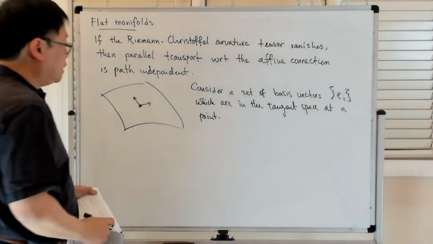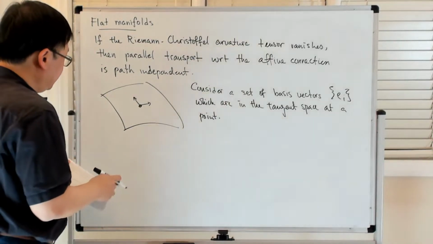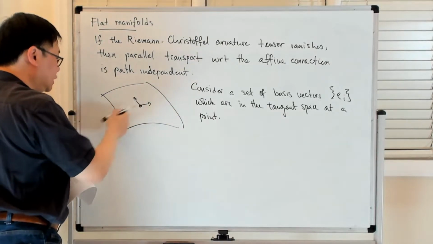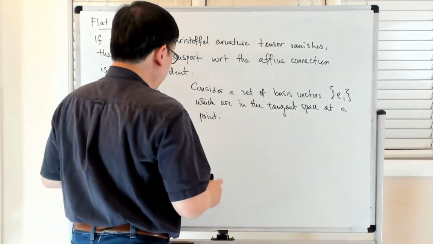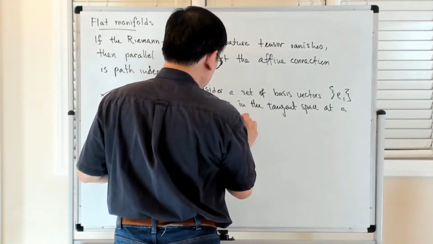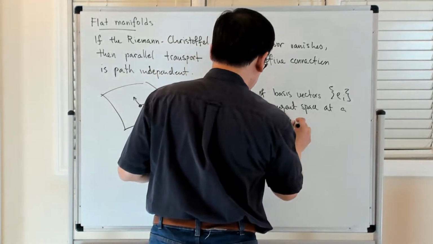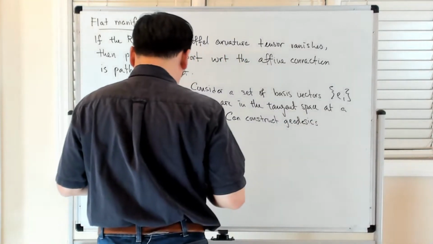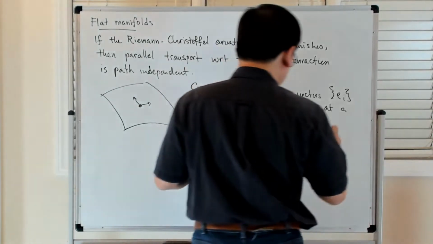Right. So once you have that, and you have an affine connection, we can talk about constructing geodesics which are in those directions, right? So we can construct geodesics which pass through that point.